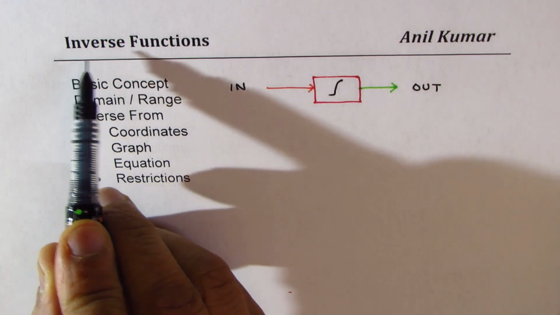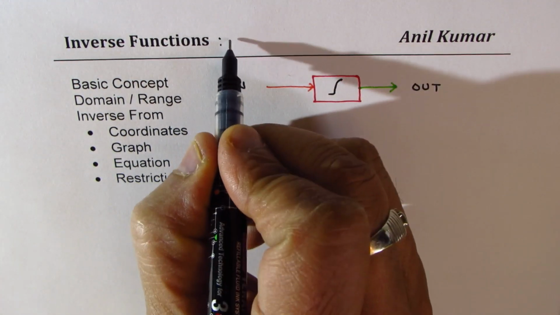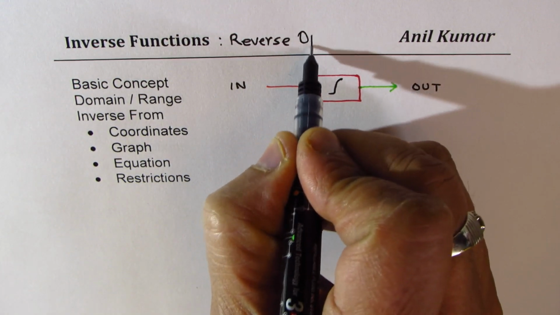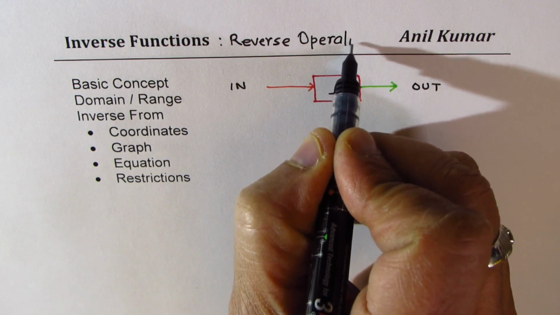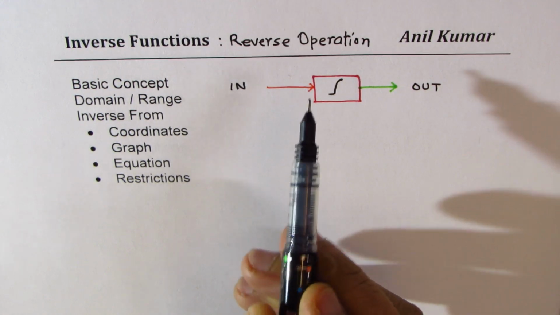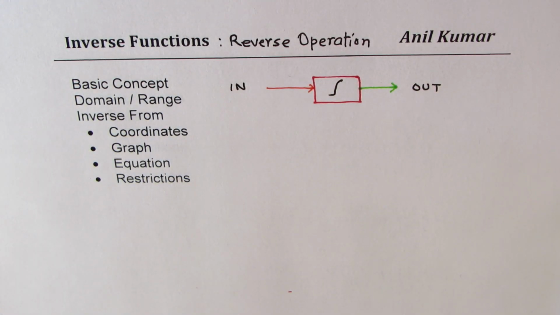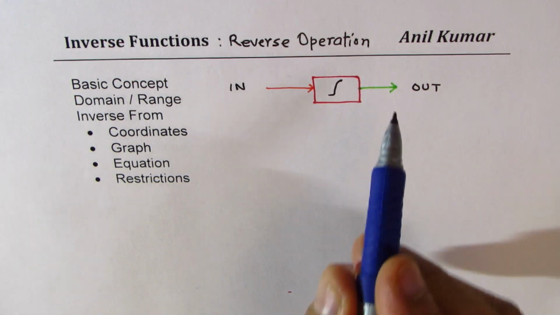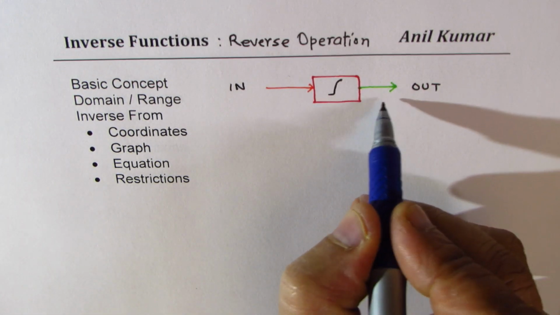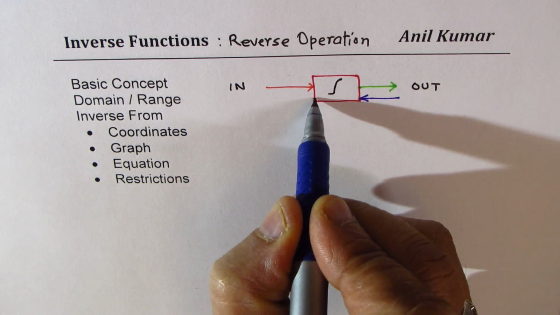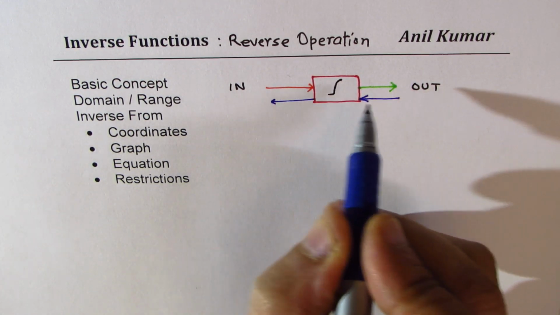Now, the idea of an inverse function is basically to reverse the operation. I see it more as reversing the operation, so it becomes easier to explain and to understand the concept. If I throw in some inputs and get some output, then on returning these outputs as inputs, what do we get? We should get what went in, right?